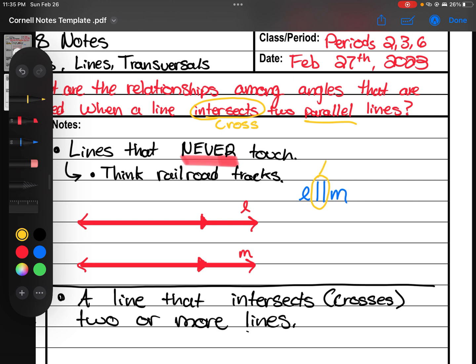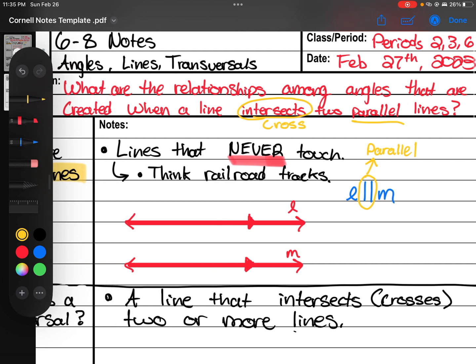This means parallel. So please write this down. It's very important that you know this. You're going to see this a lot coming up in high school geometry as well as our class here. So it's really important that you know this term. So line L is parallel to line M.